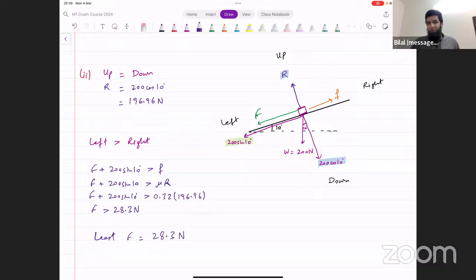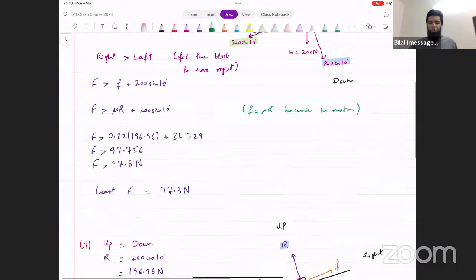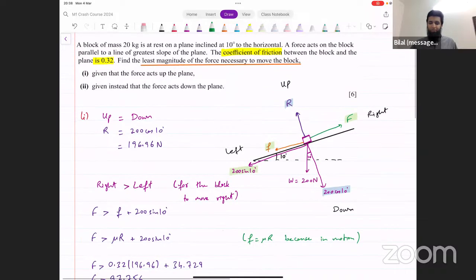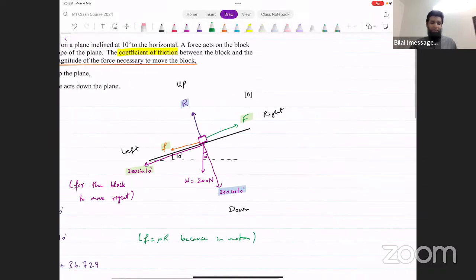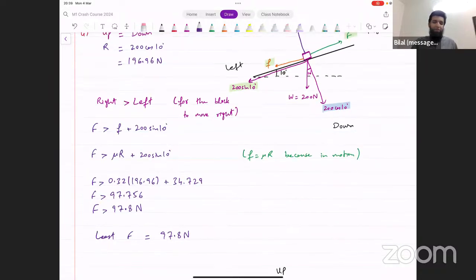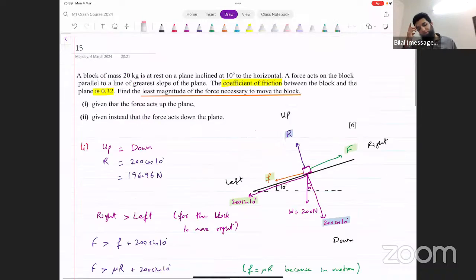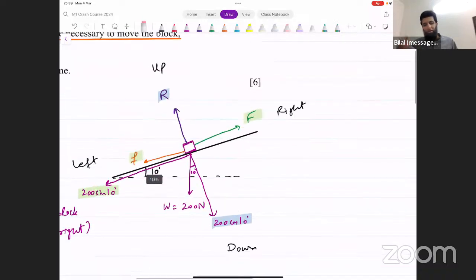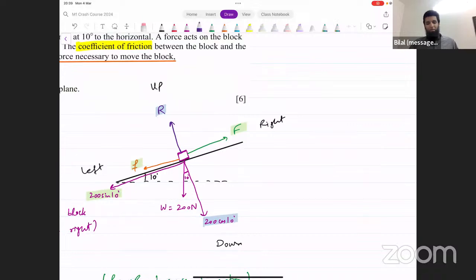Now, this is one way of doing this using inequalities. You can also do it thinking of it like this, as in the process will be exactly the same. But instead of thinking of this inequality, you could think of it from this perspective, that the object will remain in equilibrium if the opposite forces were equal, right?